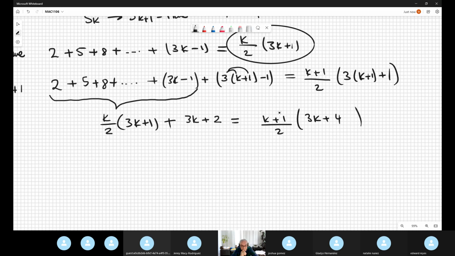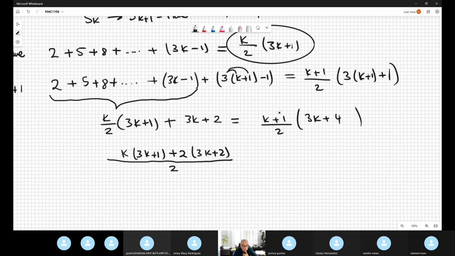Yeah, the rest is just elementary algebra. For example, put together this, the least common denominator is 2. We have k, 3k plus 1, plus 2 times 3k plus 2.